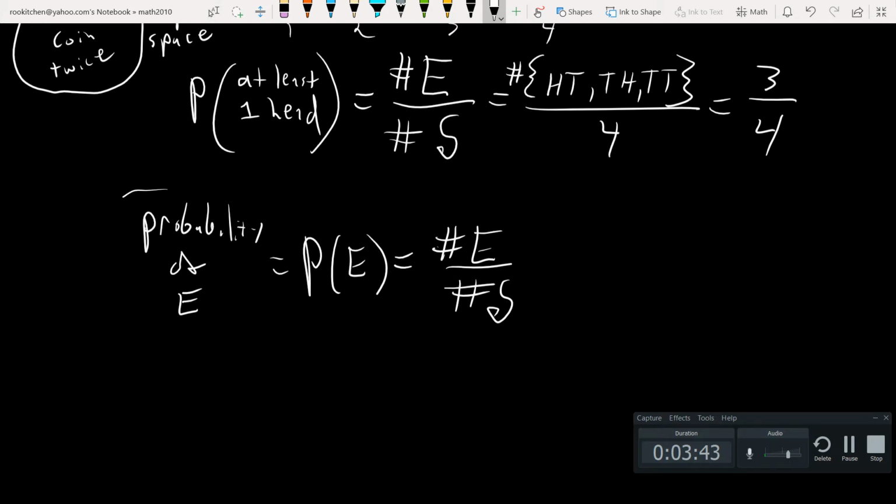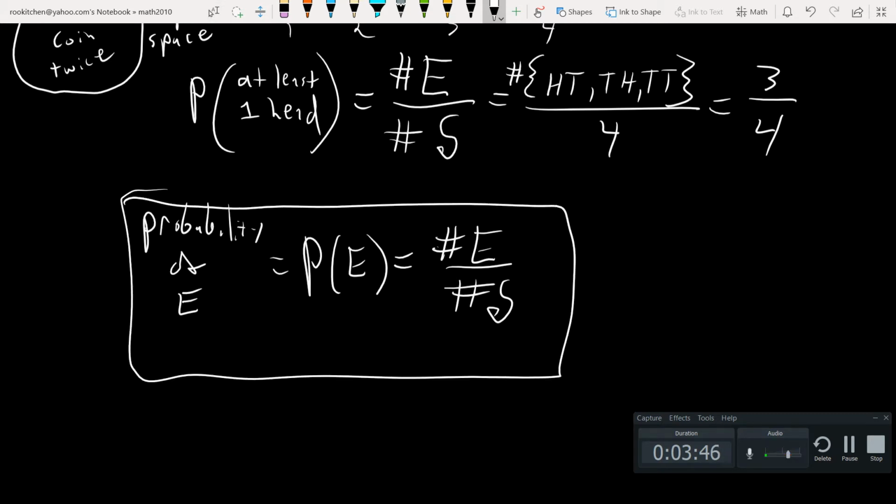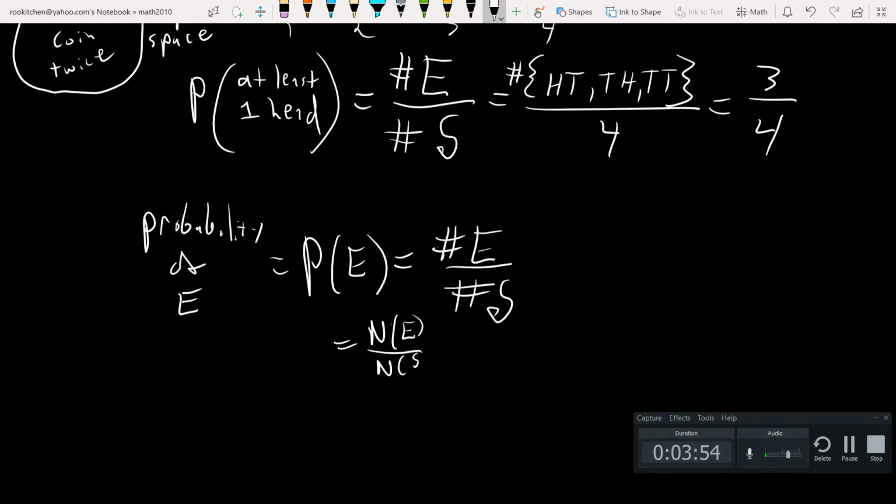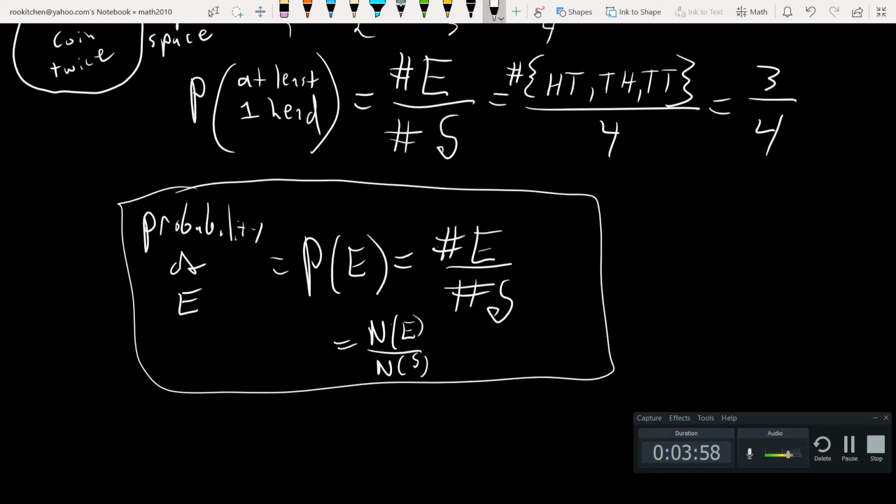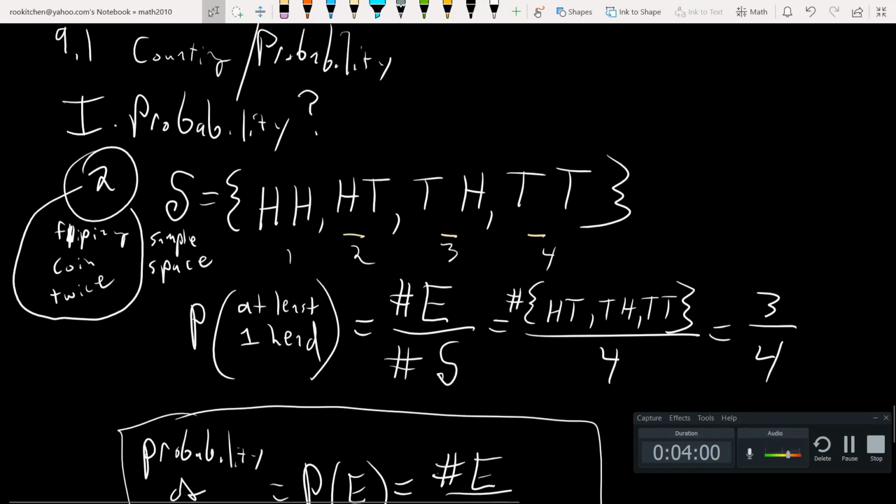Some books use big N for the pound instead of the pound symbol, so they may write N of E divided by N of S. Maybe our book does that, I don't remember. But that's the idea, and we're presuming that all of these outcomes have the same probability, so we're not dealing with a weighted coin, or a coin that has two heads on it. None of that business.